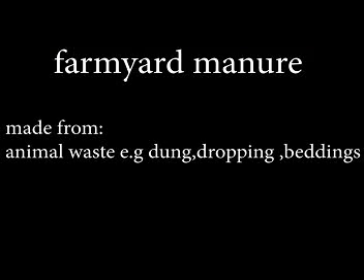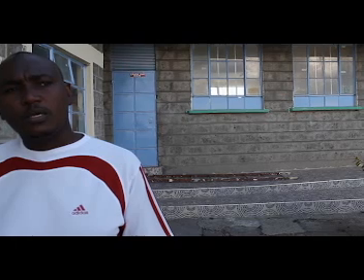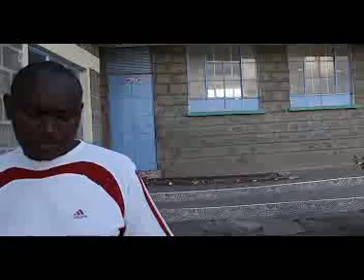This is manure we get from droppings or waste materials of animals and their beddings. It is made from animal waste, that is dung, droppings, urine, and animal feeds, also beddings. An example of a bedding is leftovers such as napier grass, sawdust, and leaves.